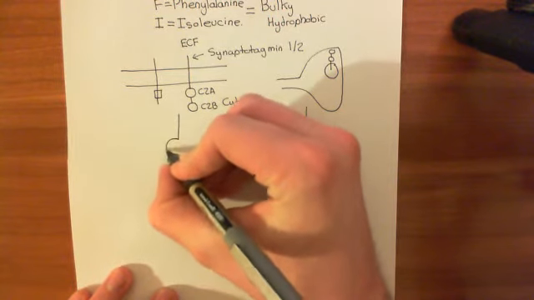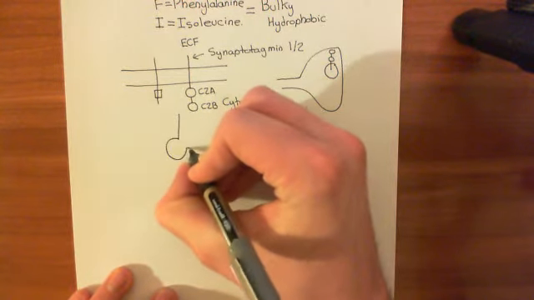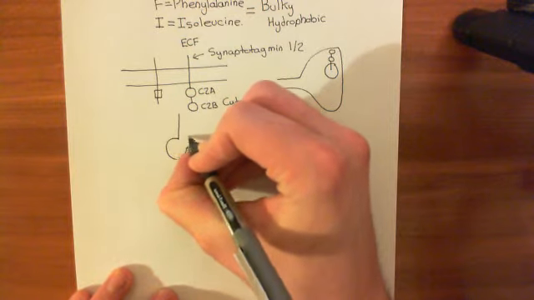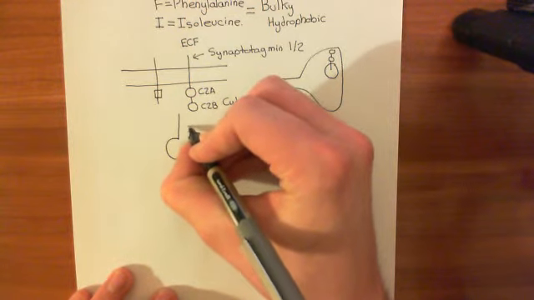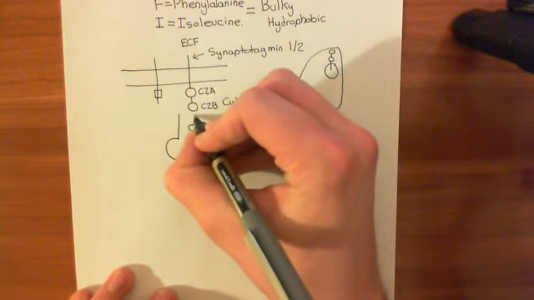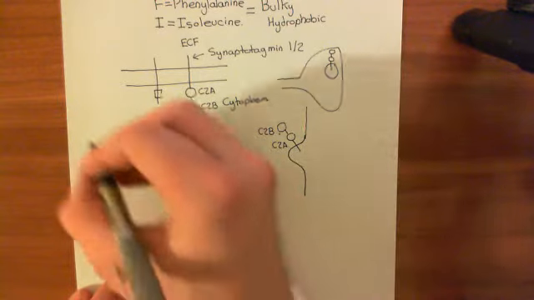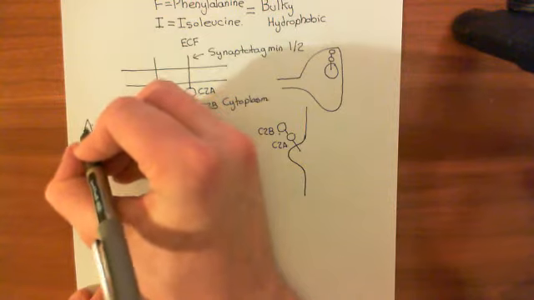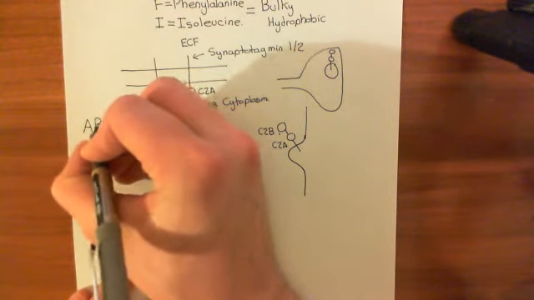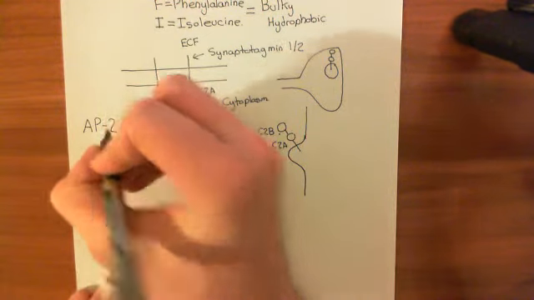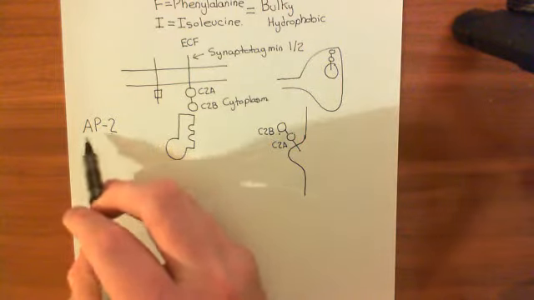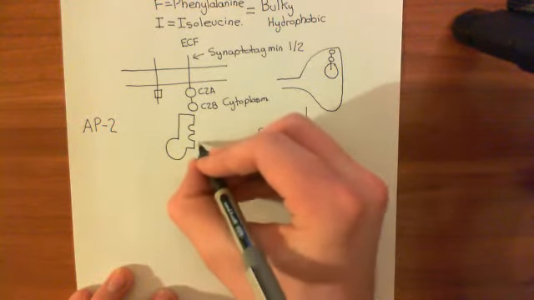Remember, adapter protein complexes consist of a bunch of proteins known as adaptin proteins. Also remember that there are more than one type of adapter protein complex, and the adapter protein complex that is important for endocytosis at the plasma membrane is the adapter protein complex 2, the AP2 complex.